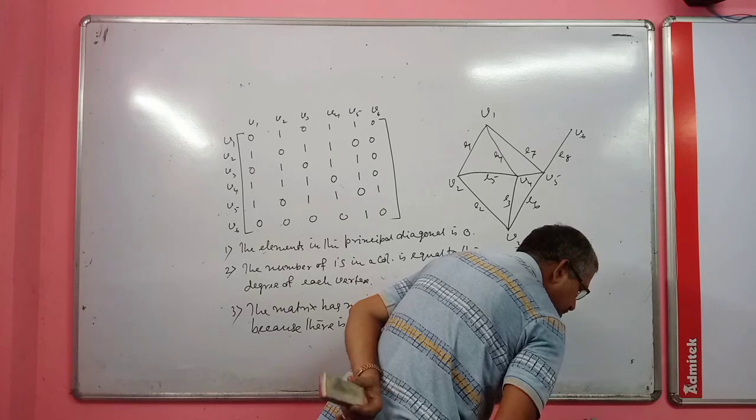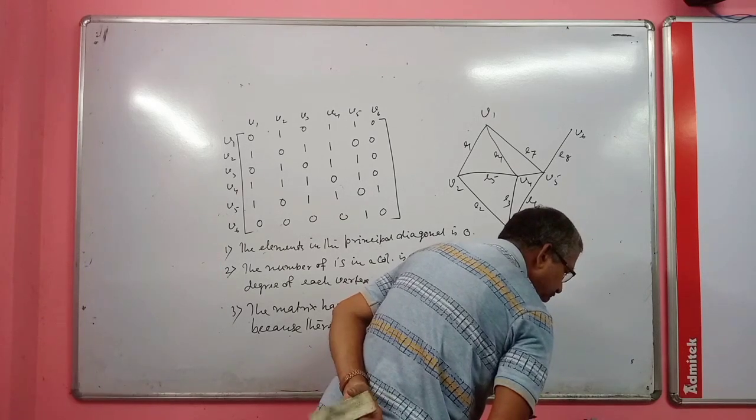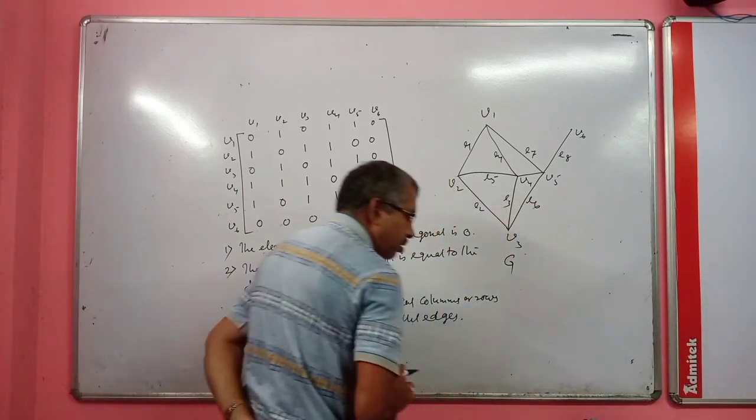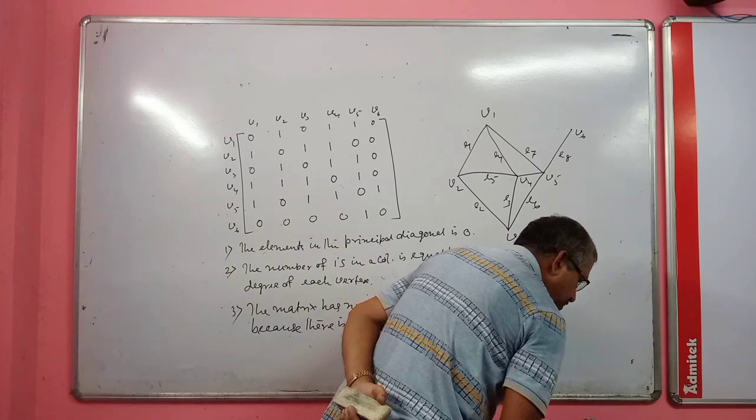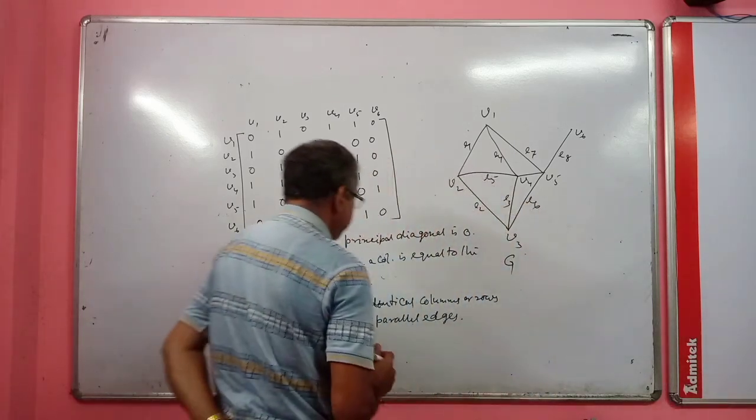Number 4, permutations of rows and of corresponding columns.